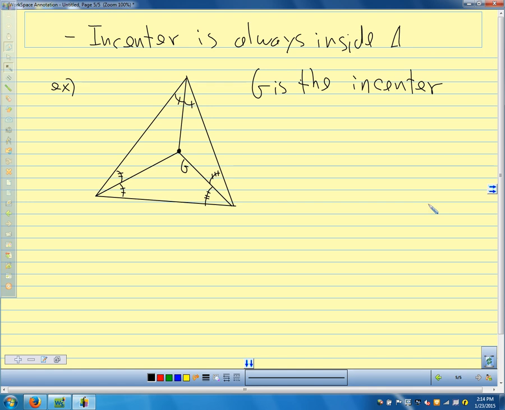The incenter is the same distance from what? The vertices or the sides? Sides. All right, so now I'm going to draw some more lines in here. So these would also be in your problem. Before I even write anything up here, I'll call this point B and this point F. What do we know about BG and GF?